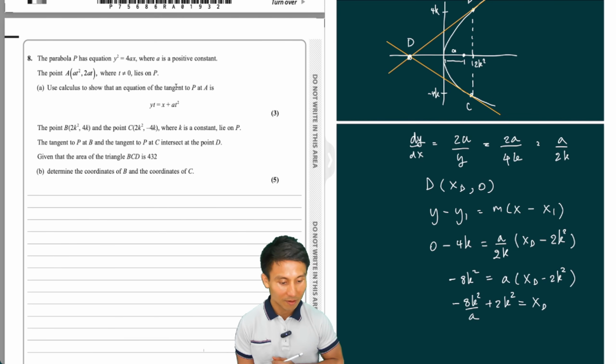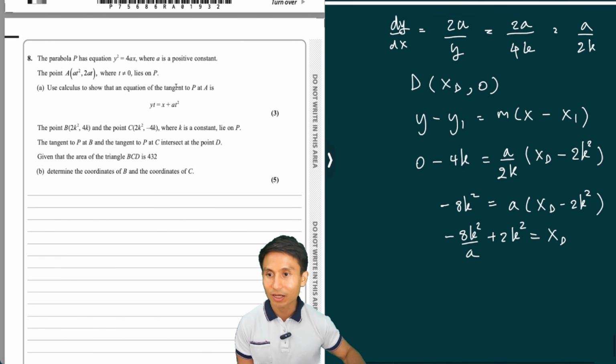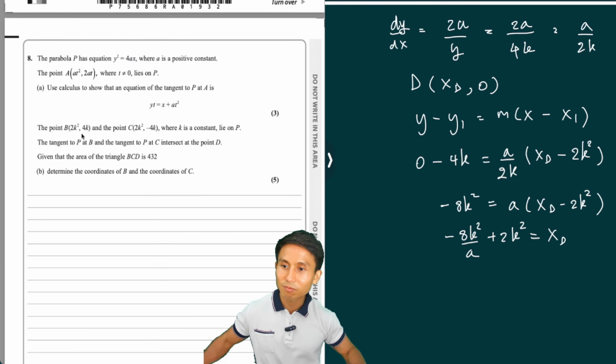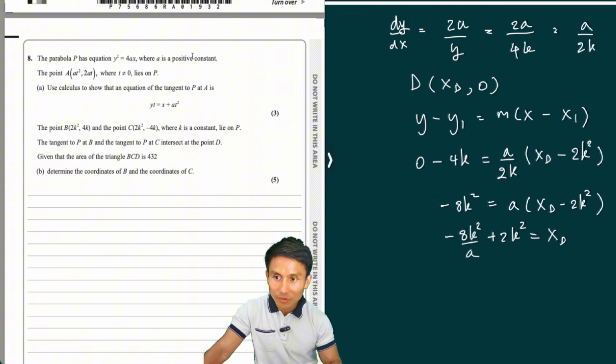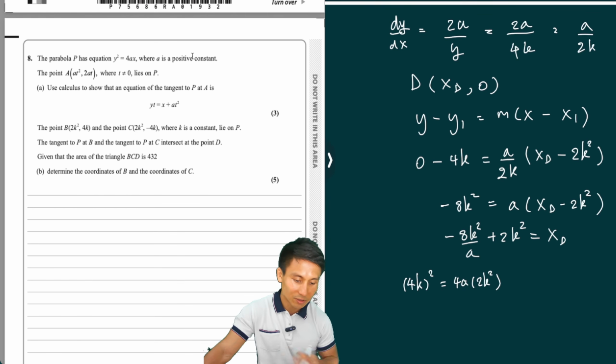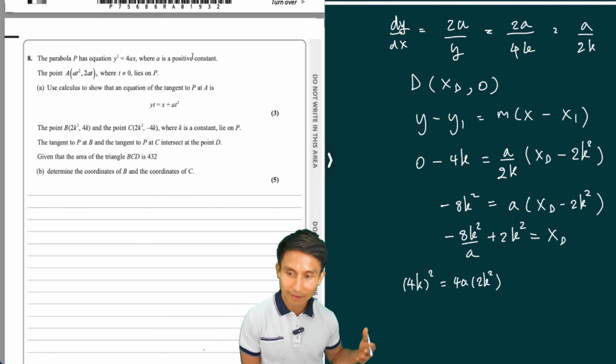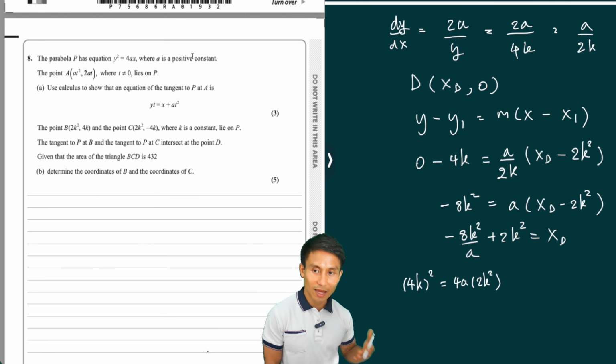But we forgot something here, that point B is also on the parabola, right? So we can basically plug these two coordinates into the equation here. So 4k all squared equals 4a, and then x is 2k squared. This will allow us to solve for k in terms of a or a in terms of k.